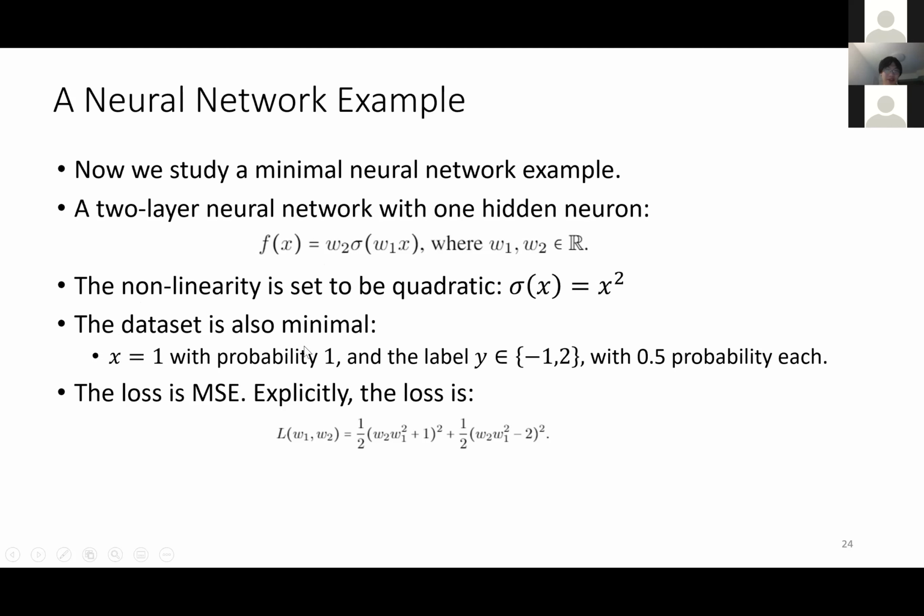And the data set we use is also minimal. We let x equal to 1 with probability 1, and the labels are either -1 or 2 with equal probability. The loss function is the mean squared error, and explicitly, you can write the loss as this.